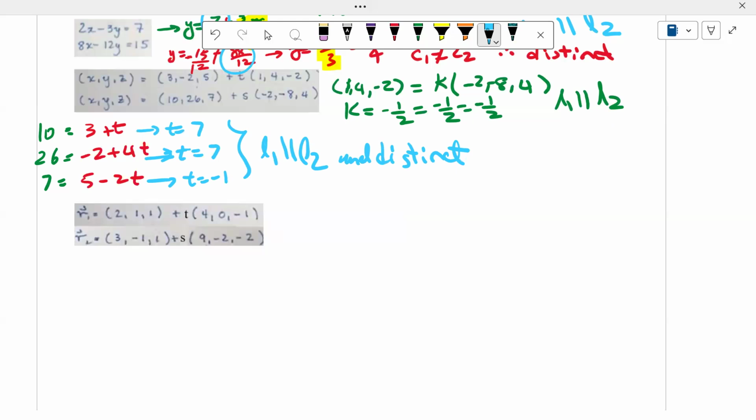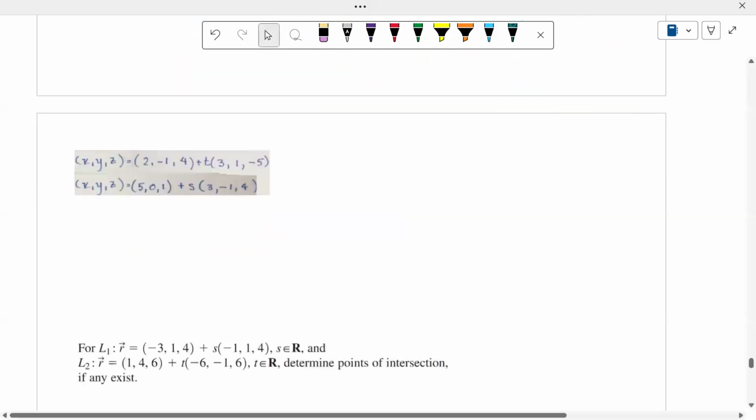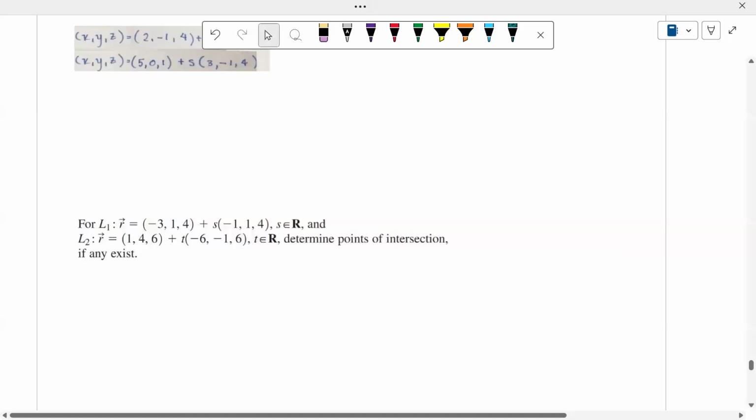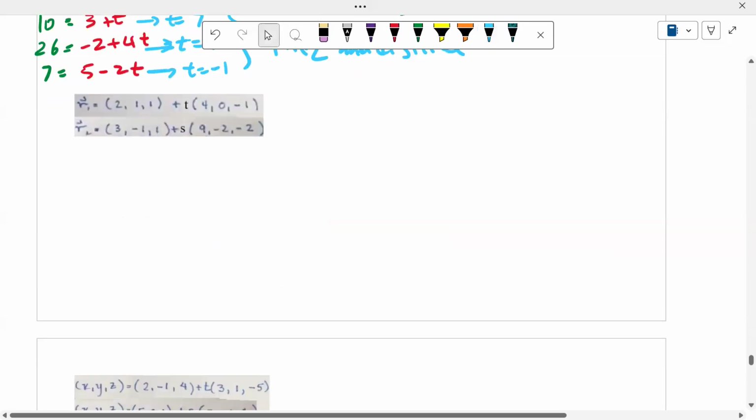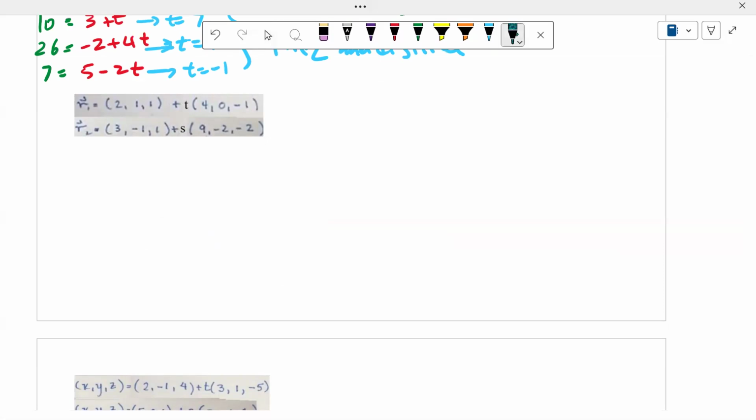Go with this one. Again, the question is asking something like this. I give you these two lines, determine the point of intersection if any exist. So again, the first step is to say, all right, is (4, 0, -1) equal to k times (9, -2, -2)?